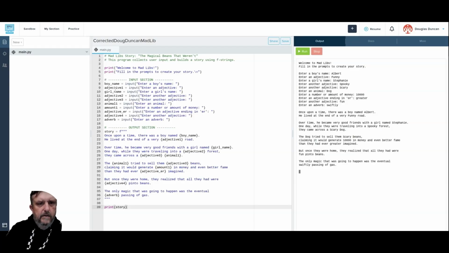So if you look at my code again, the inputs I put: boy_name equals input, enter a boy's name. Obviously, so that you don't get lost, you know that that input is for a boy's name.